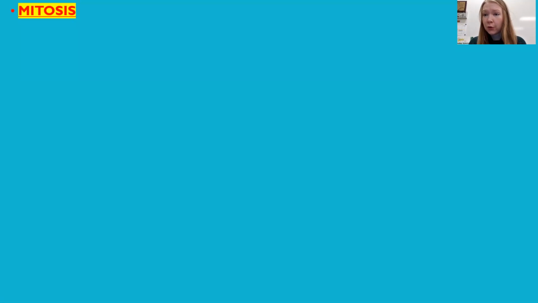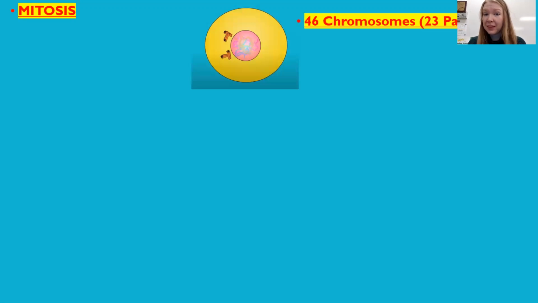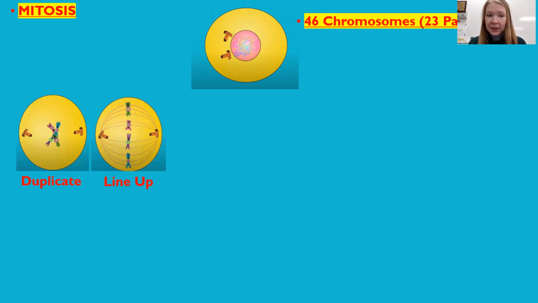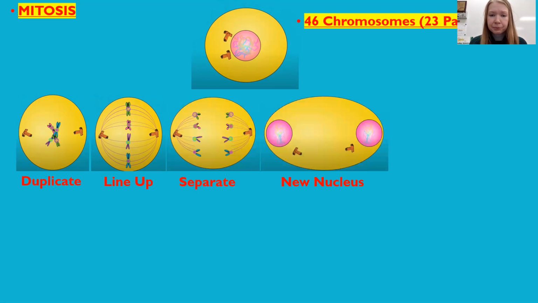I'm just going to do a brief overview here of mitosis. If this was a human cell, you would start with 46 chromosomes or 23 pairs. That DNA duplicates, and then the chromosomes line up in the middle of the cell, ready to be split and separate into two sides of the cell.